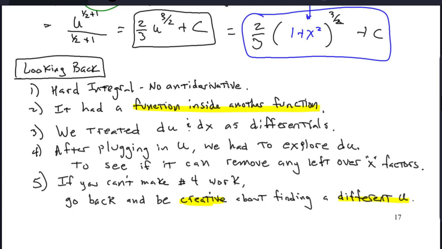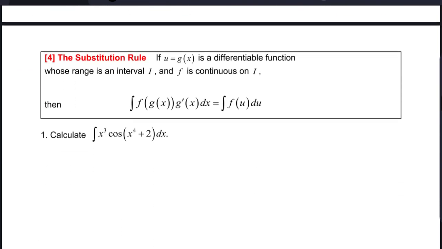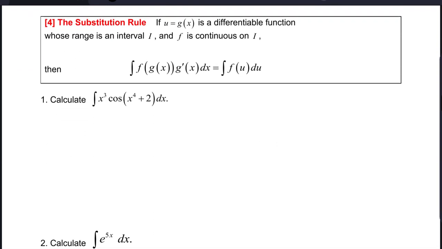Now on the next page here, the substitution rule, or a lot of mathematicians call it U-substitution. It's kind of like the chain rule. Notice there is the function inside, and then outside we're multiplying by the derivative of the inside. That is the chain rule, except we're not differentiating.